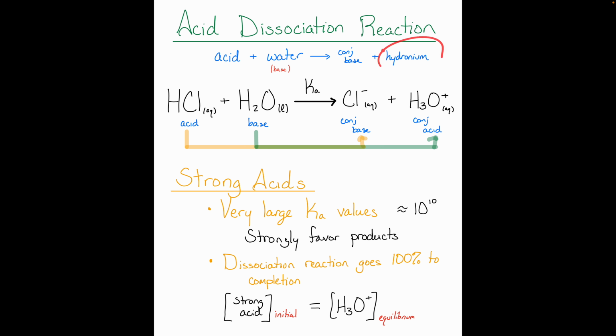It's always going to be the hydronium ion that's formed because we're reacting it with water, and that's the concentration that we're after in these problems when we're trying to find pH. We talked first about strong acids. They have very large Ka values, so we get to say that this reaction goes 100% to completion, which means that if we know how much acid we started with, we know how much hydronium ion is going to form.